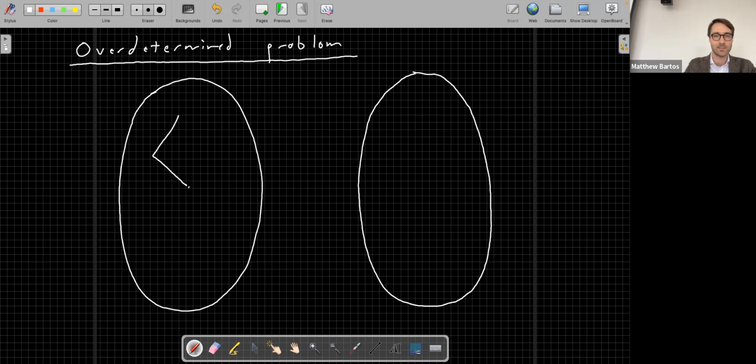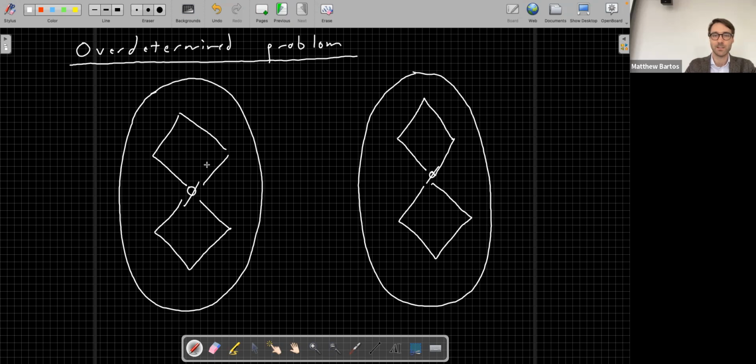Okay, we have our little diamonds. So for the overdetermined problem, let me just finish labeling these. We have the range of A transpose, null space of A, the range of A, and the null space of A transpose.